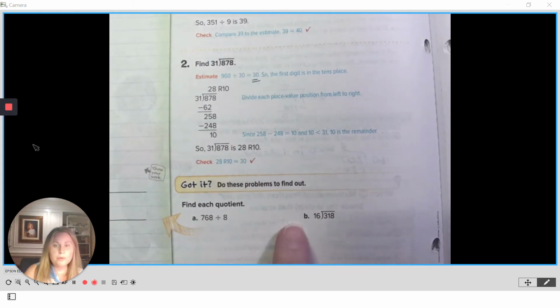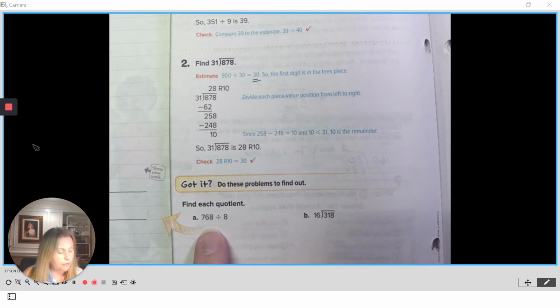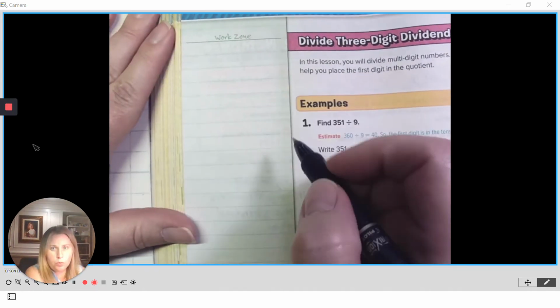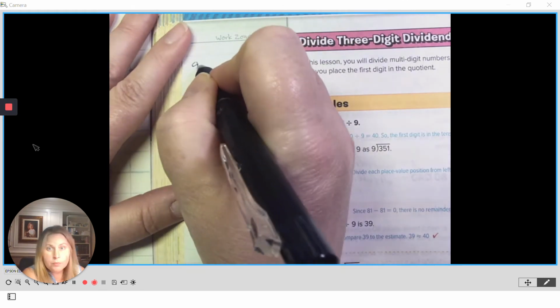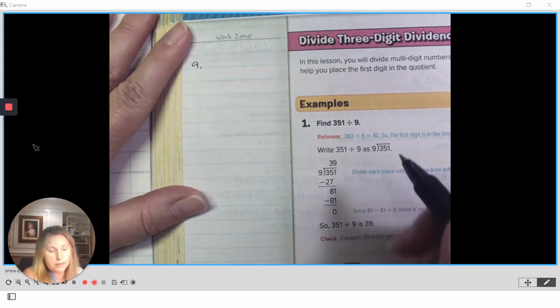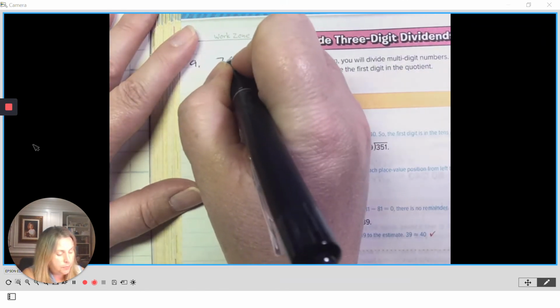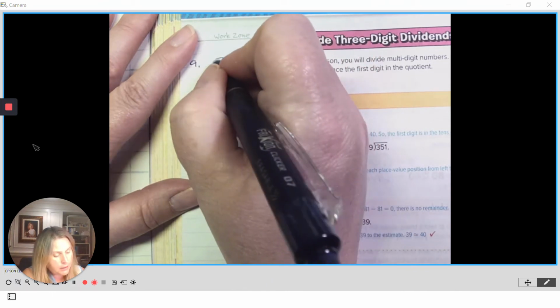Okay, so let's do a few examples. At the bottom of page 216, we have 768 divided by 8. So here, I'm just going to work over at the top of the page in the work zone. 768 divided by 8.